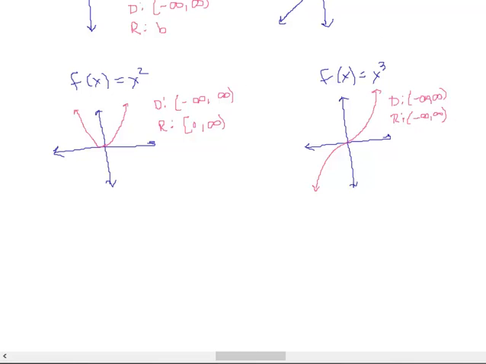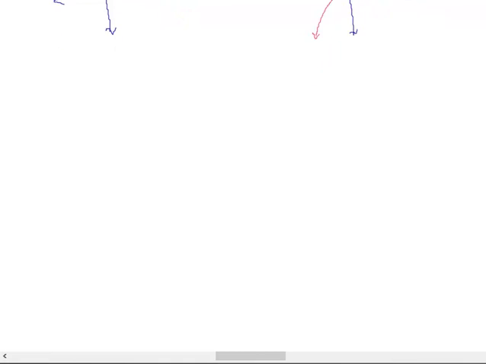Alright, next let's consider f of x equals the square root of x. Okay, so this graph, let me change color. This graph starts at the origin, and then we'll go like this.